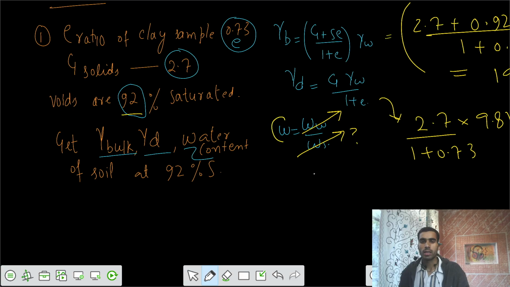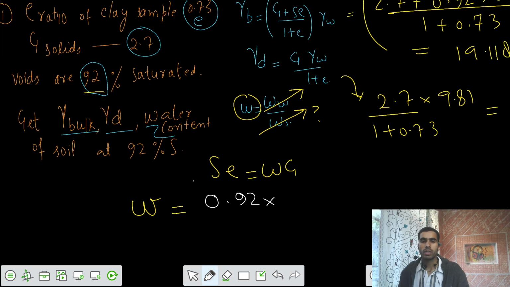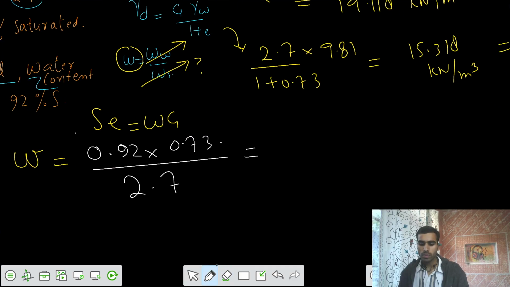So for that you can write that SE equals WG, and from that you can calculate the water content at that same saturation 0.92, so W equals SE by G. So saturation of 0.92 times your void ratio of 0.73, divided by the value of G, that is 2.7, and that water content is coming to be 0.248, or we can write 24.8% water content.